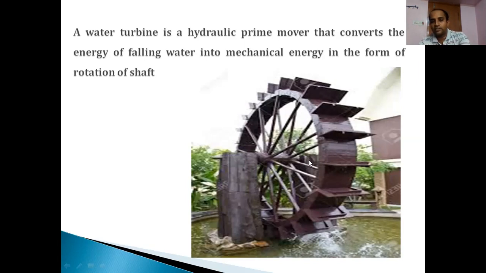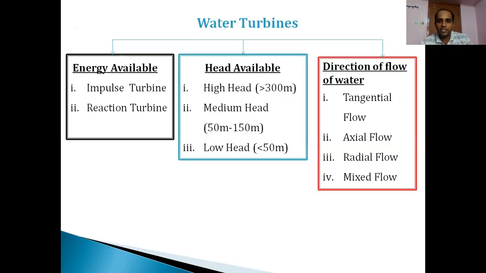In the water turbines, we are again classifying based upon different categories. One is depending upon the energy available at the turbine. Second one is the head available, and the third one is the direction of water flow.